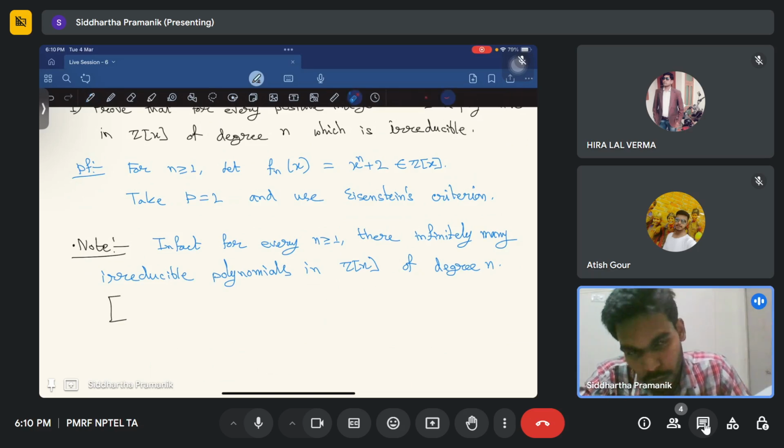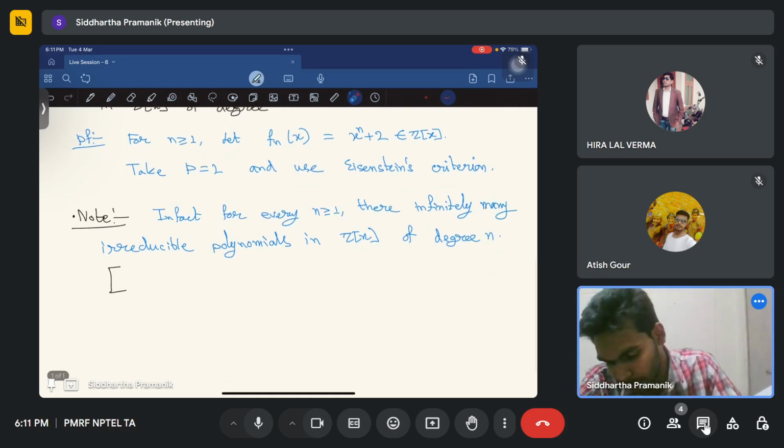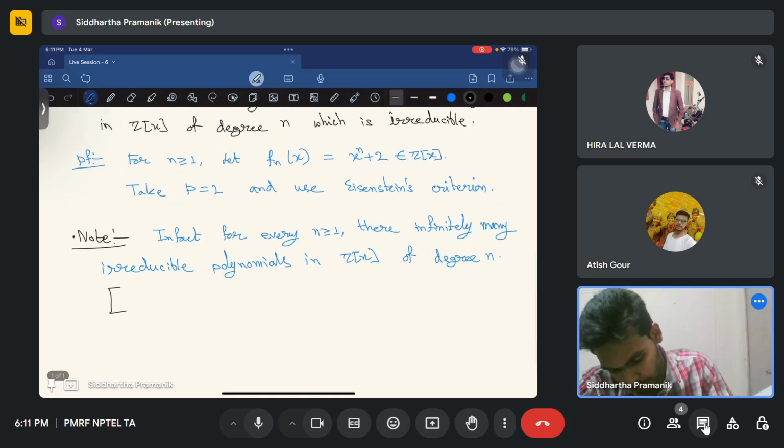Okay, so here we have taken x to the power n plus 2, right? And 2 is a prime number. So in place of 2, we can take 3 also. 3 is also a prime number, right? And we can use the Eisenstein criterion for p equals 3. So for any prime number, we can use the Eisenstein criterion, and there are infinitely many prime numbers, by Euclid's lemma.